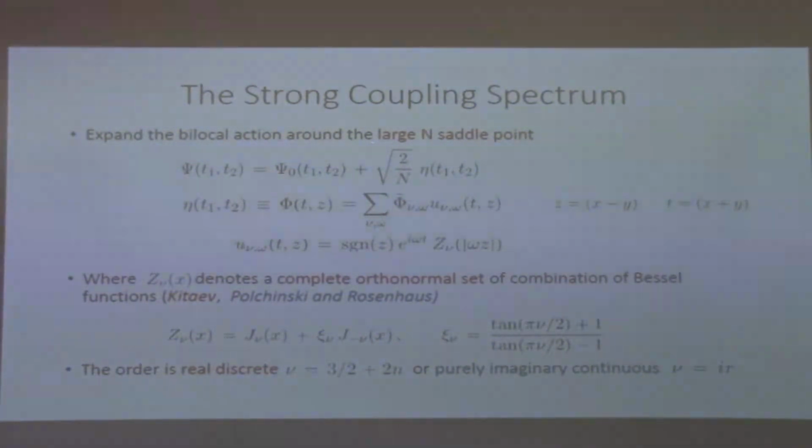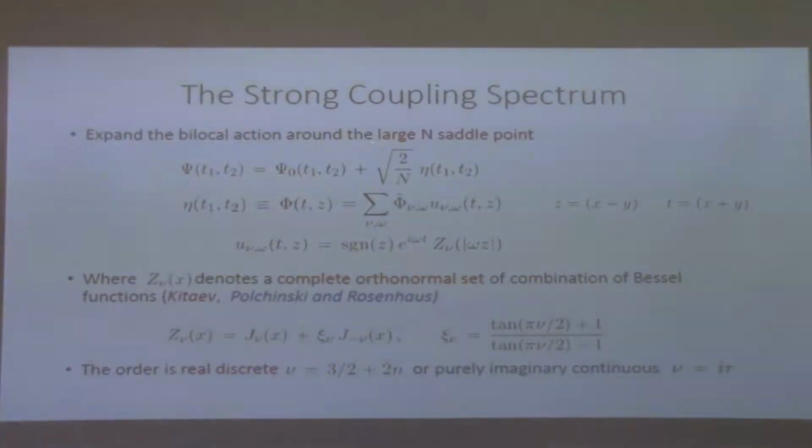The basis should be such that it diagonalizes the kernel which appears in the quadratic part of the action. And it turns out that the functions which diagonalize it, and this is intimately tied with the SL2 symmetry in the strong coupling limit, are some specific combinations of Bessel functions which I have written down here.